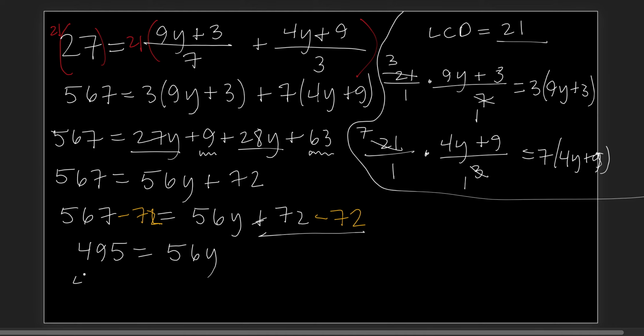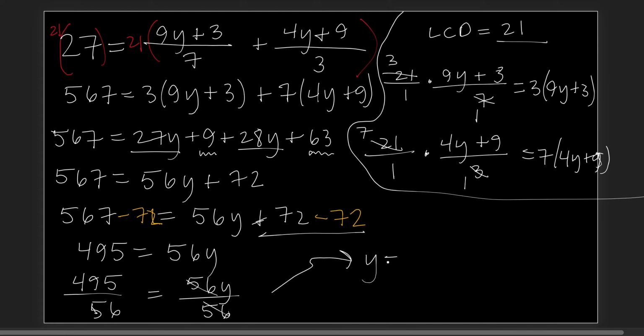So the way we can do this is to divide both sides by 56. And I would use your calculator. I mean, if you want to do it by hand, go ahead. Where these cancel and leave y by itself, you can start to really see how things are going to work and do this more quickly. But see if 56 goes into 495 evenly.